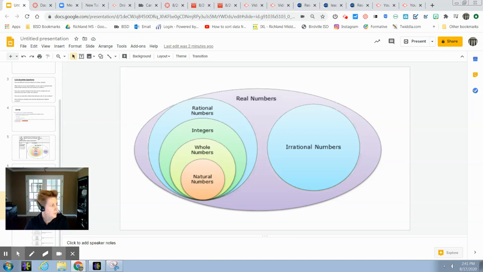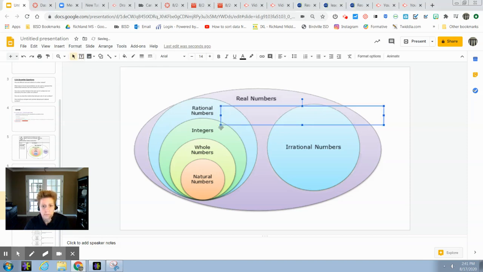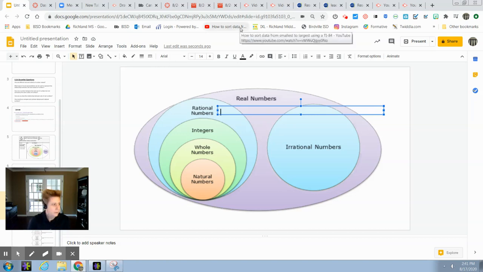Rational numbers. Let's see if we can find some examples for some rational numbers. I'm just going to put a text box in here and write them out for us. Here's rational numbers. They would be like 0.37 would work. 0.75, like I said.